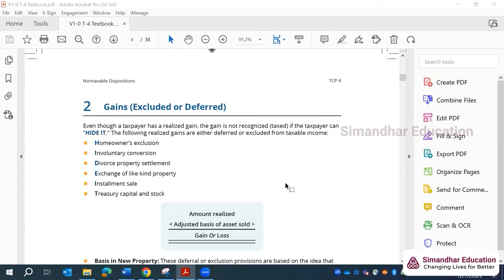So if you are single, then the exclusion amount is $250,000. If you're single and if you're head of household. If you are married filing jointly, your exclusion amount is doubled. That means now you can exclude up to $500,000. Okay. So you see, depending upon the filing status, your gain exclusion amount changes.